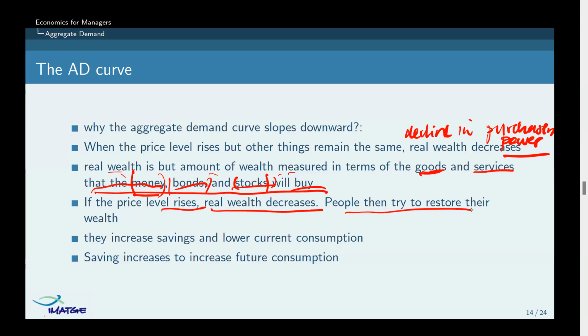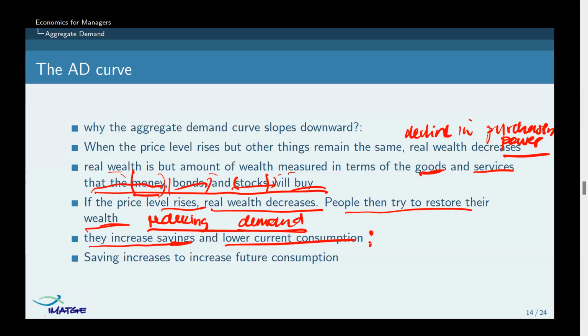So if the price level rises, real wealth decreases. People then try to restore their wealth. How do they restore their wealth? By reducing demand. So they increase savings and lower what? Current consumption.